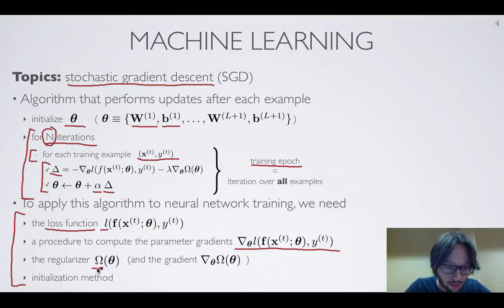I need to choose a particular form for my regularizer, and given that form, I also need to compute the gradient of that regularizer with respect to my parameter theta. And I also need to specify a way of initializing my parameters. So in the next videos we'll go over all of these items in this recipe, so that we have all the ingredients to apply stochastic gradient descent and train a neural network.